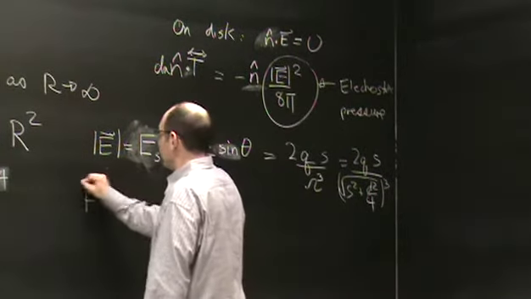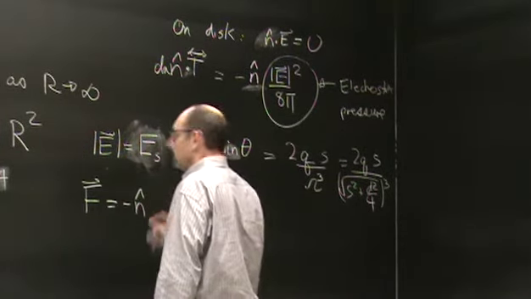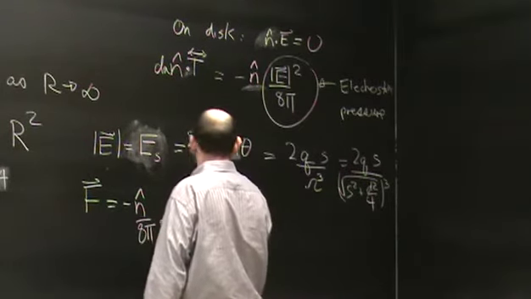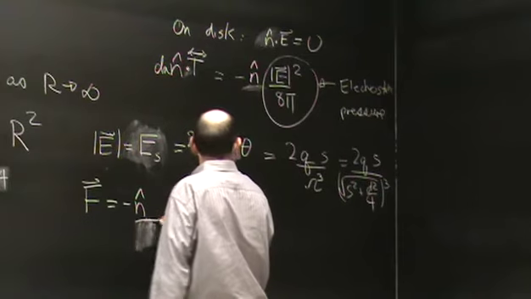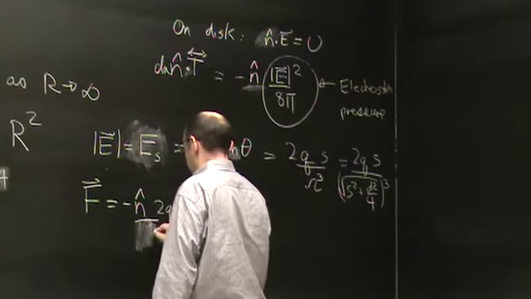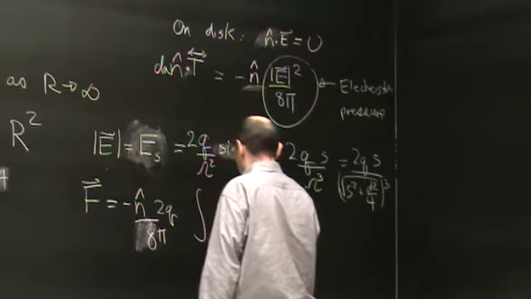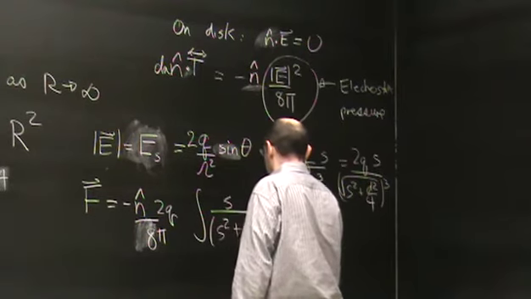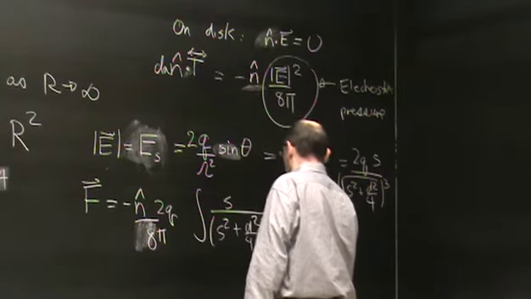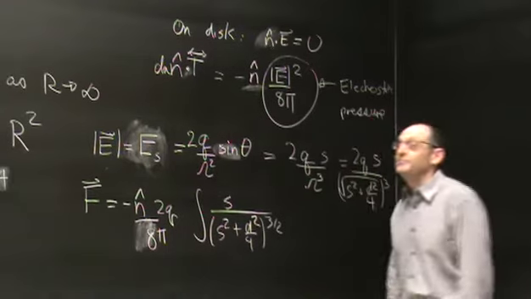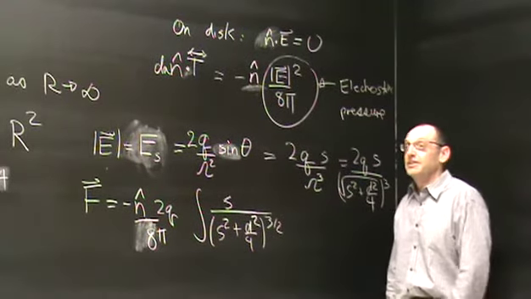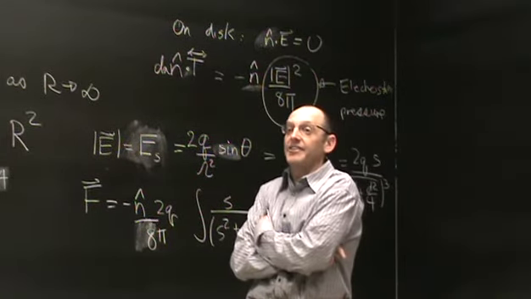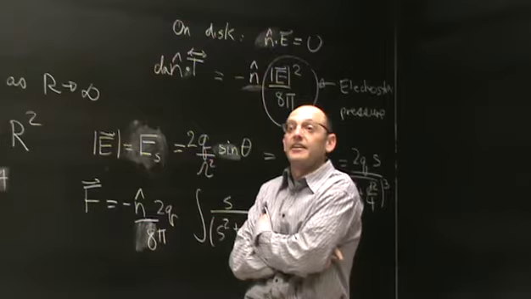So the force is in the minus n hat direction. It's 1 over 8 pi, well, 2q over 8 pi, integral of s over (s squared plus d squared over 4) to the 3/2 power. And what am I integrating? dA, right? So what is my dA element on this disk for a fixed s? 2 pi s ds.